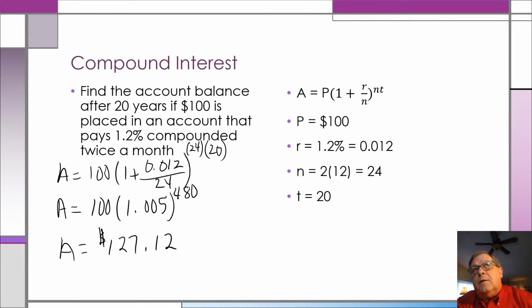Because in the default window settings in your calculator, you got X minimum of -10, X max of 10, X scale of 1, Y minimum -10, Y max 10, Y scale of 1. And I got a feeling when I graph that, if I stay in that standard window setting, I'm not going to see much.